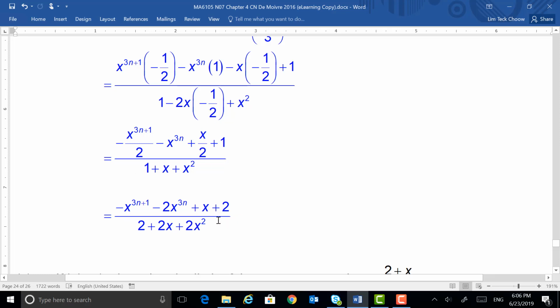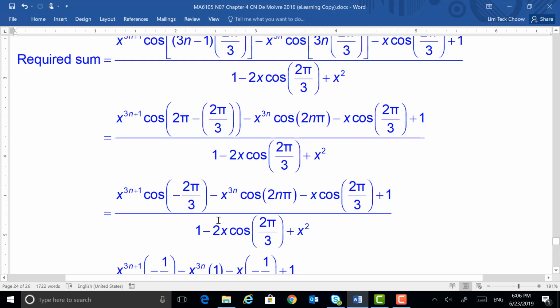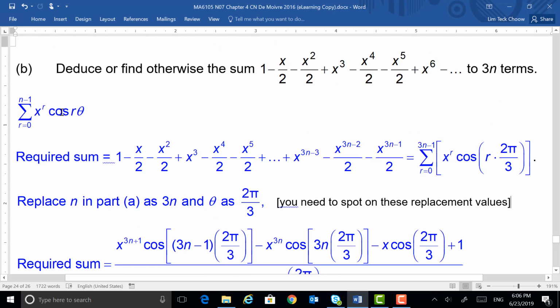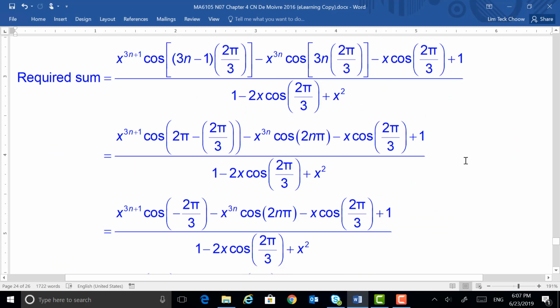So what we have done here in part B is we have made use of part A answer for this expression to work out a sum for this up to 3n terms. And the strategy in this question is you must be able to spot that you have to replace n with 3n and theta with 2 pi over 3. And that is actually part B.